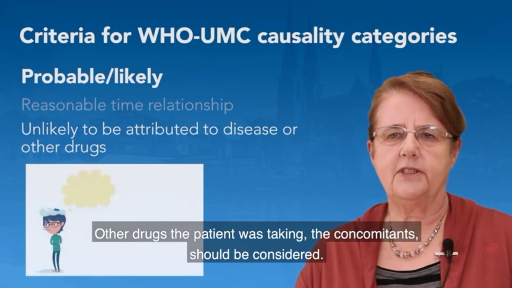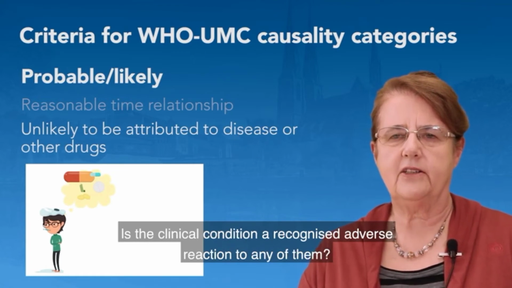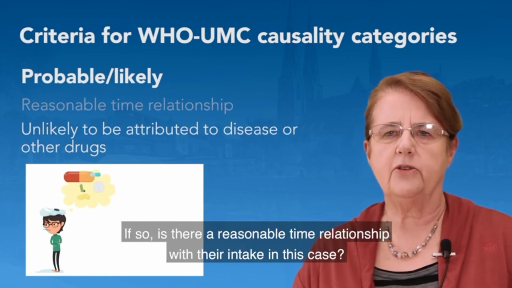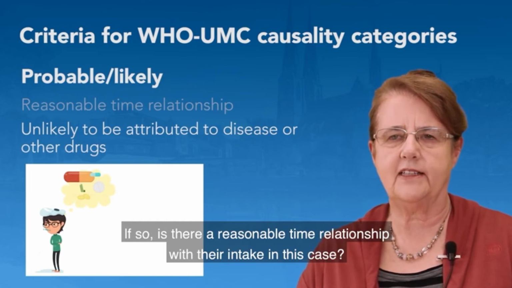Other drugs the patient was taking, the concomitants, should also be considered. Is the clinical condition a recognized adverse reaction to any of them? If so, is there a reasonable time relationship with their intake in this case?